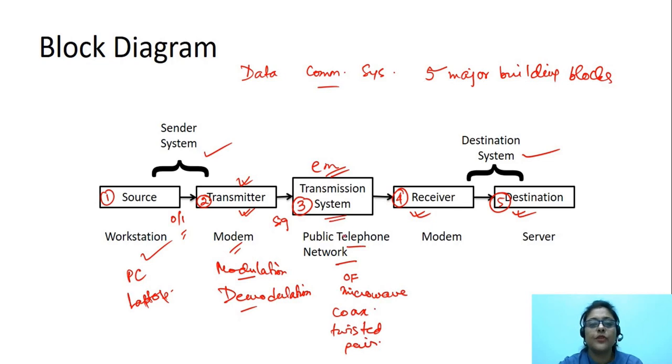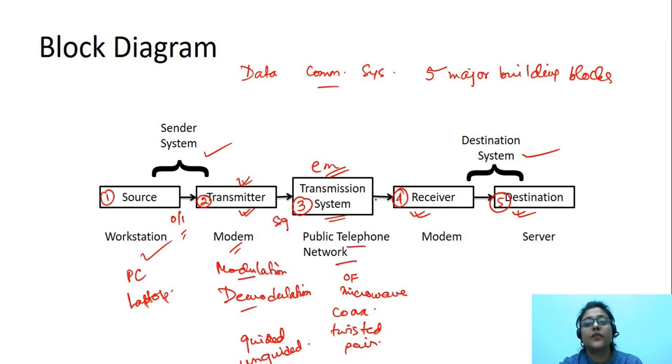There are various forms of transmission medium. We can have guided transmission medium as well as unguided transmission medium. Accordingly, the signal must be transformed to that form which is compatible with the particular transmission medium that we are using.